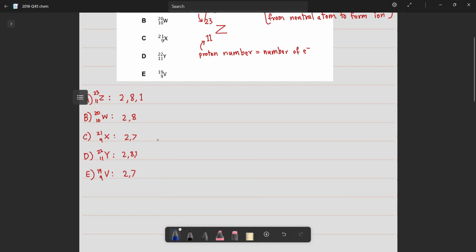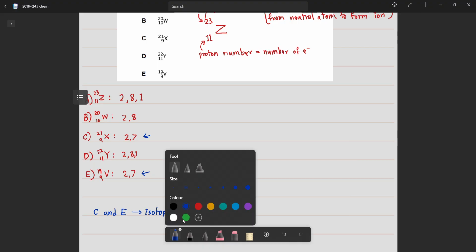Option C has a 2, 7 electronic configuration, and option E has the same electronic configuration as C. They are both isotopes. So C and E are isotopes of each other.